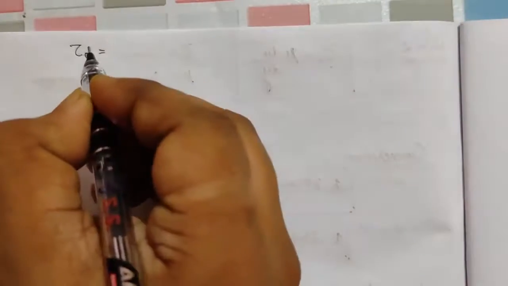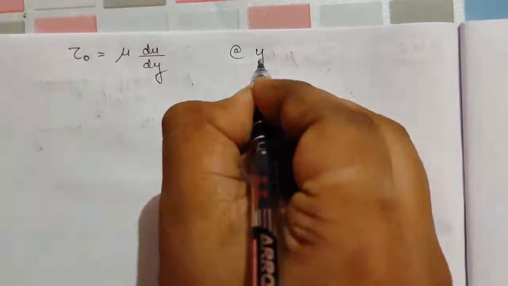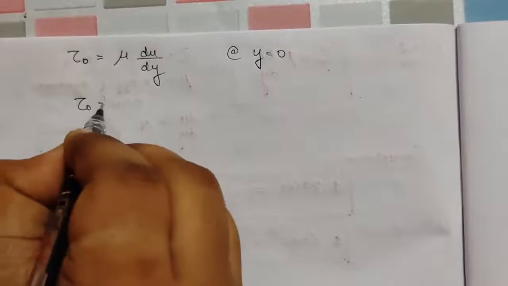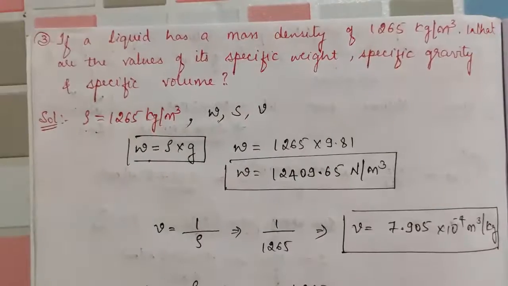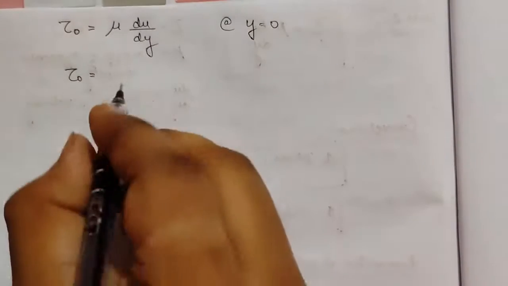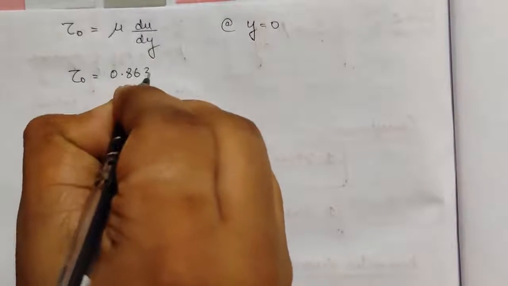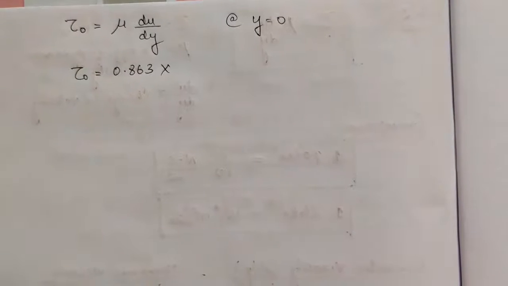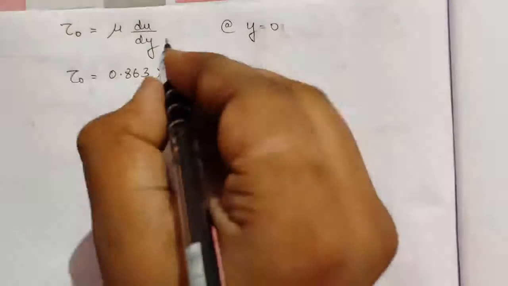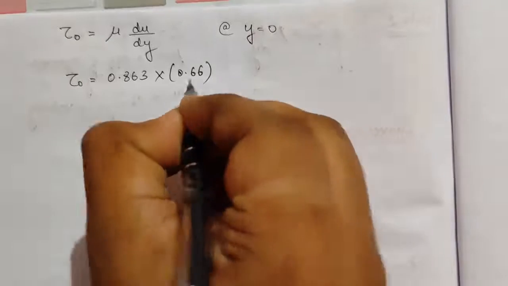So tau is equal to mu into du by dy at y is equal to 0. So tau naught is equal to 0.863 into du by dy, and the value of du by dy is 0.66.